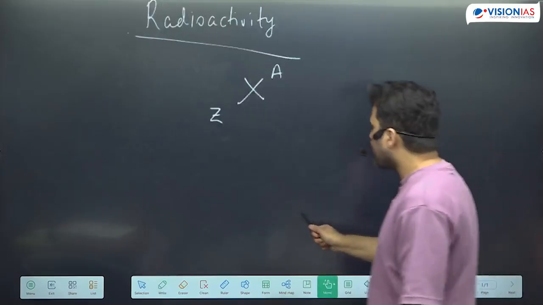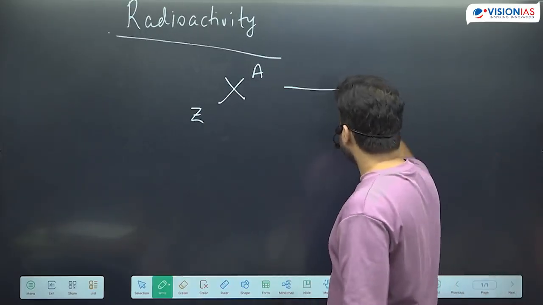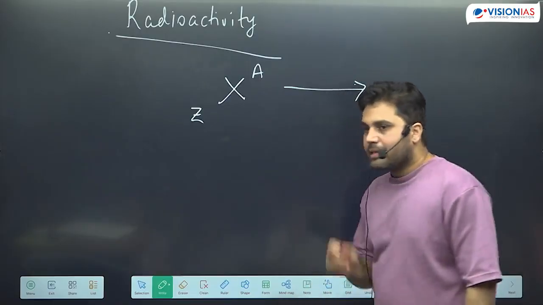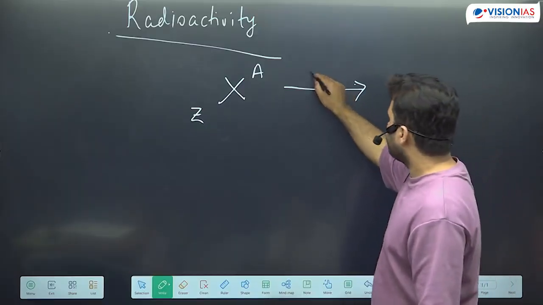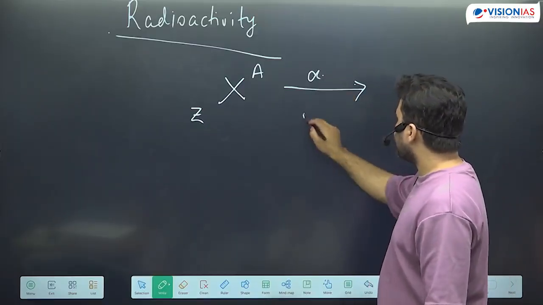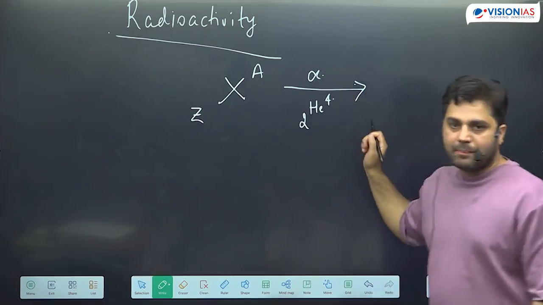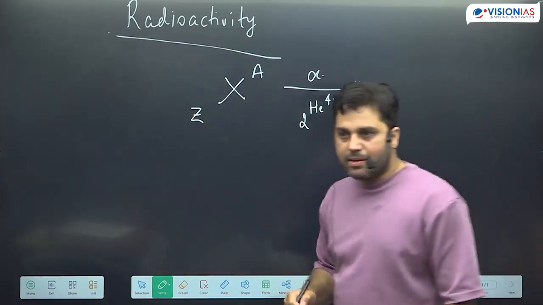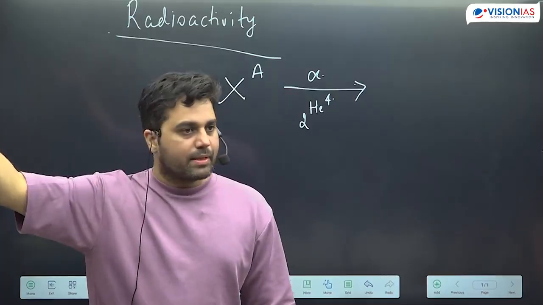In one way it can attain stability: it can emit a particle from inside the nucleus, and the particle is called an alpha particle. But that alpha particle is nothing but a helium nucleus. From inside of this nucleus, a helium nucleus will be removed.